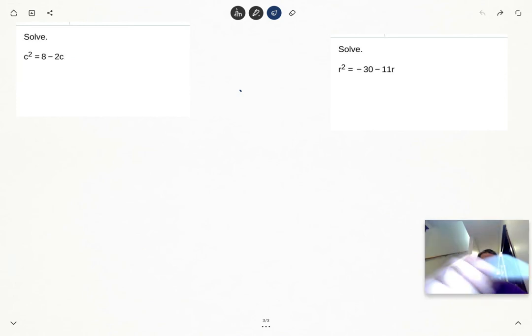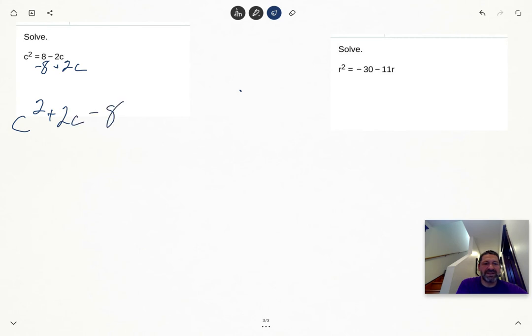So I will subtract 8 and add 2c to both sides. So c squared plus 2c minus 8 is equal to 0. So I took both the terms on the right side, added them to the left side. Now I've got it equal to 0, and I can use the zero product property for a solution.